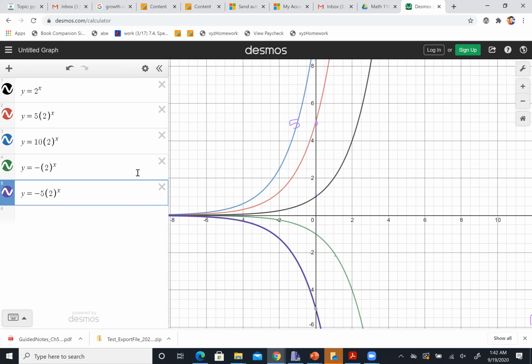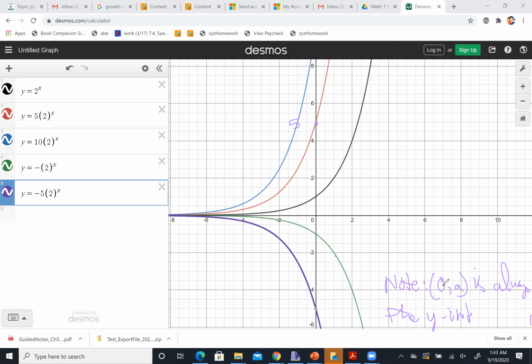So you can see, note that the point (0, A) is always the y-intercept.